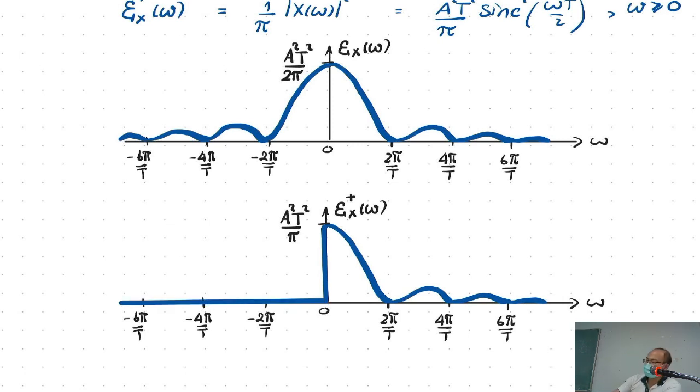Actually, the height of the lower graph is twice the height of the upper graph, right? The height is higher. Notice here, we don't have a factor 2 in the bottom, okay?